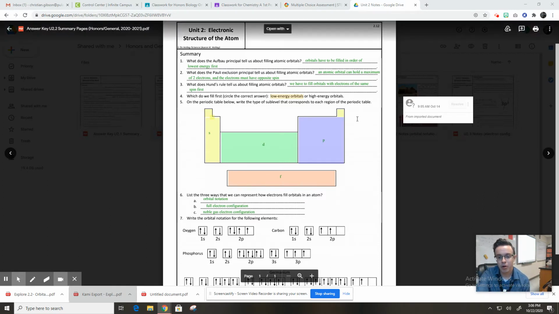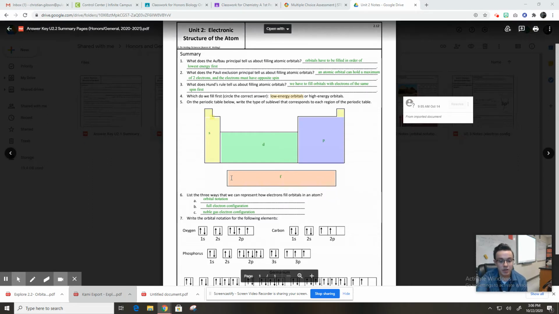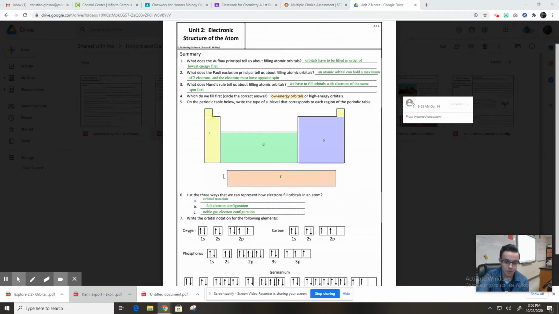The purple over here, all of these correspond with P. The middle here, the transition metals, all correspond with D. And the ones at the bottom that technically fit in between S and D, in the last 2 rows that we draw below, are called the lanthanides and the actinides. They correspond with the F sublevel. So those are elements whose electrons will be in the F sublevels at the end.